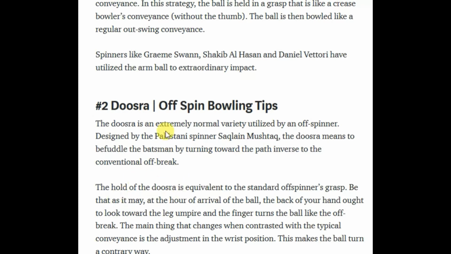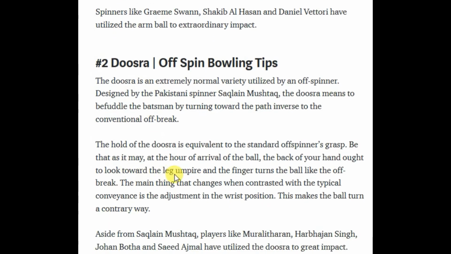This causes confusion in the mind of the batsman. The grip of the doosra is equivalent to the standard off spinner grip, but at the hour of release of the ball, the back of your hand is outside, looking toward the leg umpire, and the finger turns the ball like the off break.